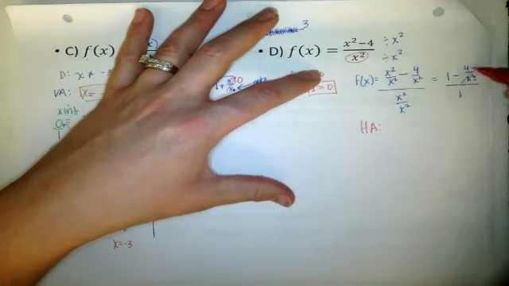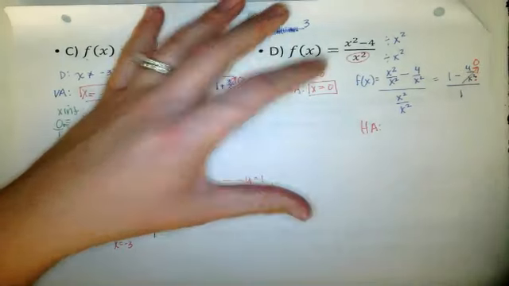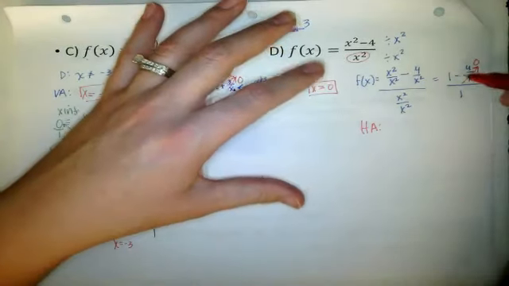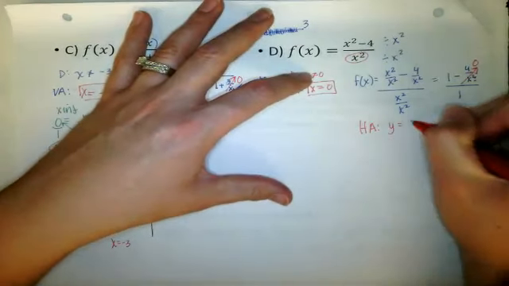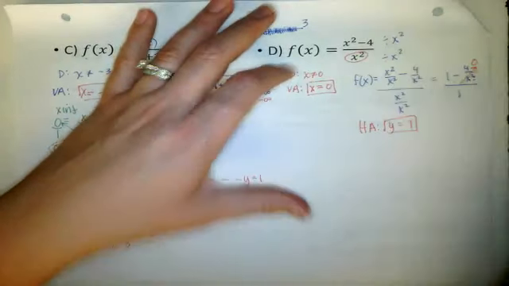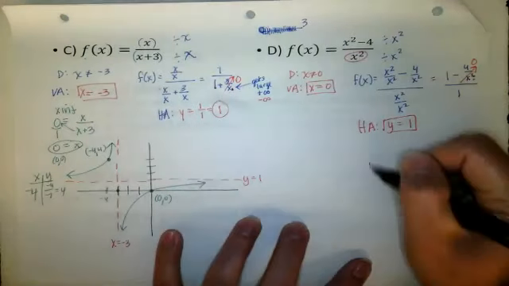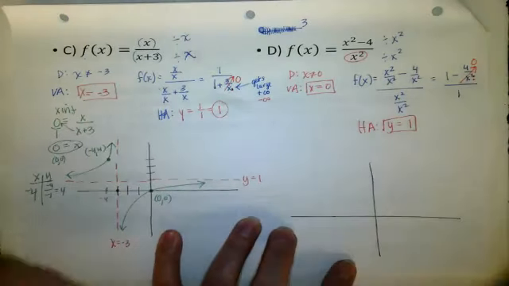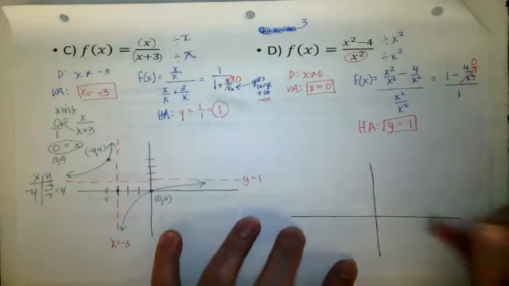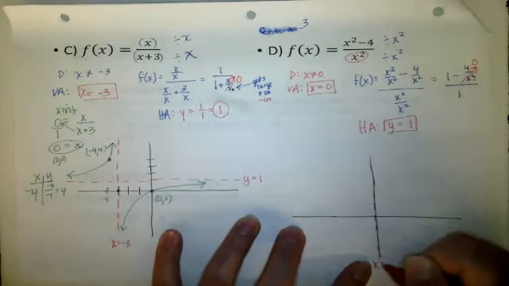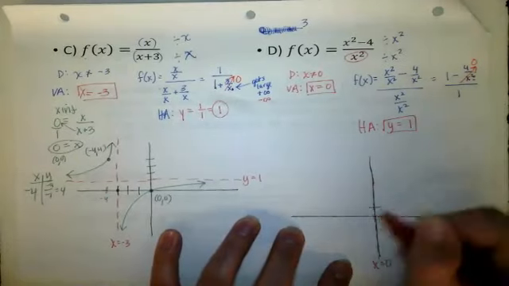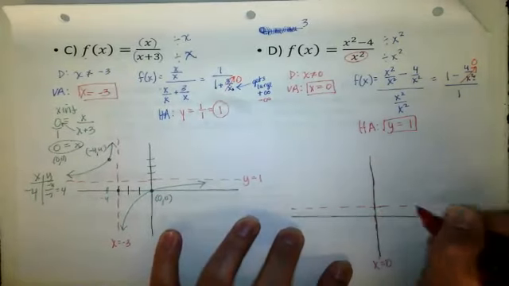And so it again approaches nothing. It's like adding or subtracting nothing. So we're left with 1 over 1, which is just 1. And plot those. x equals 0 and y equals 1. It's my asymptote.